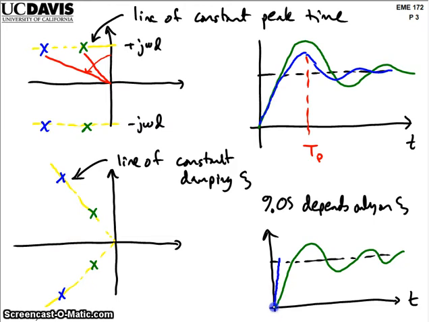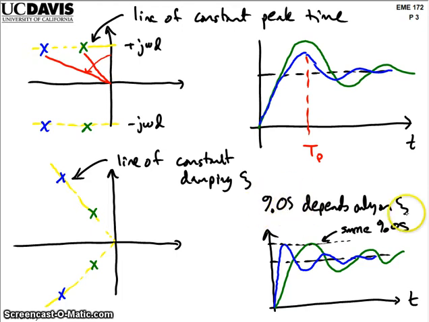So the blue one's going to sort of spike up like this. Same percent overshoot.